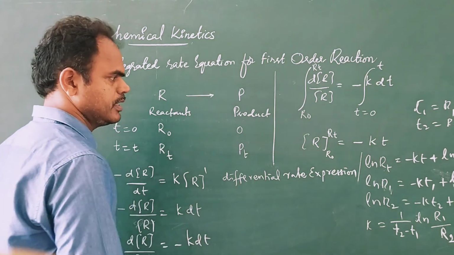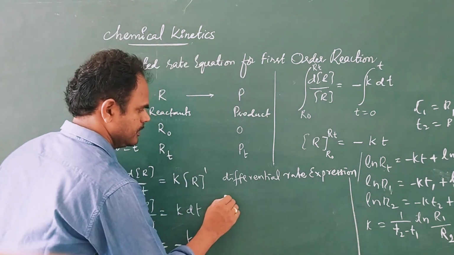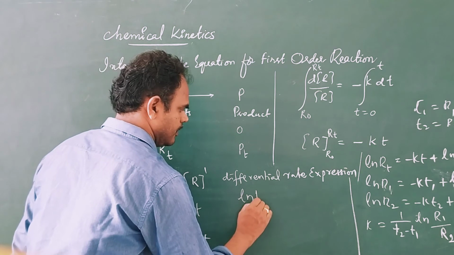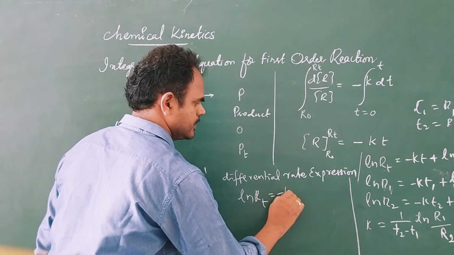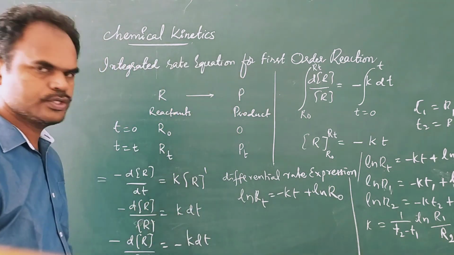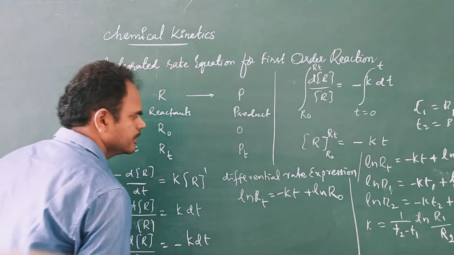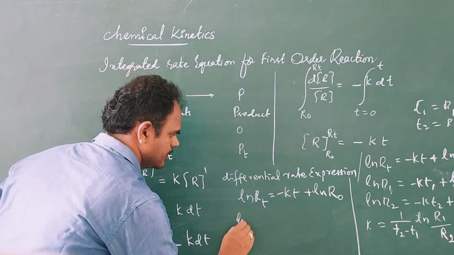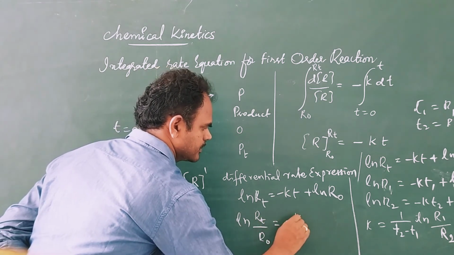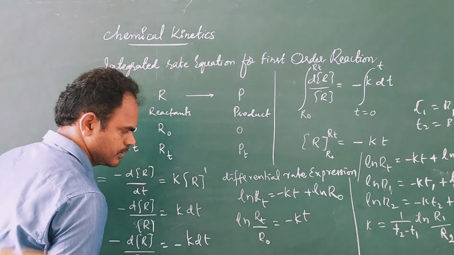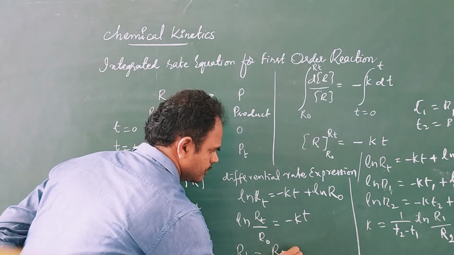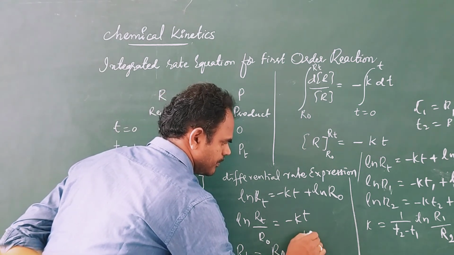Then if you convert this equation number 1 into logarithm base 10, or if you take the anti-log, ln RT upon R0 is equal to minus KT. Taking the anti-log of this, the equation is RT is equal to R0 exponential of minus KT.